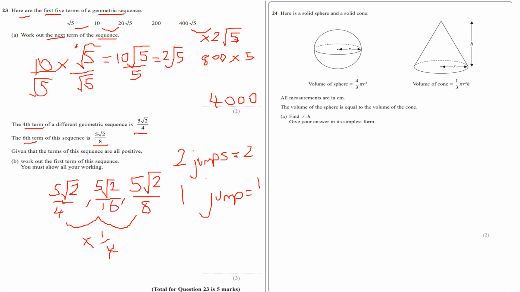Okay. 1 second, guys. Yeah, I think I made a mistake here. So 2 jumps, it'll be a half. Okay. So 1 jump will be 1 quarter, a half of a half, which would be a quarter. But if I times 16 by a quarter, I don't get 8.